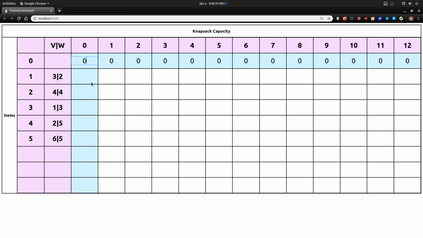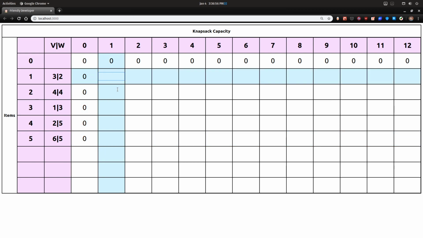Now considering the first column, which corresponds to a capacity of 0: whatever the items given and whatever their value, you cannot add any item into the knapsack, because the knapsack doesn't have any capacity to hold any item. So here too the maximum value that you can get will be 0.